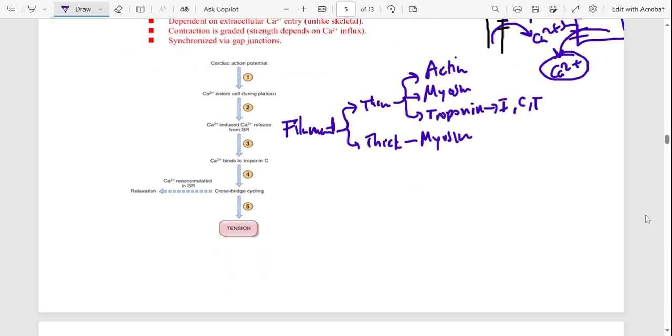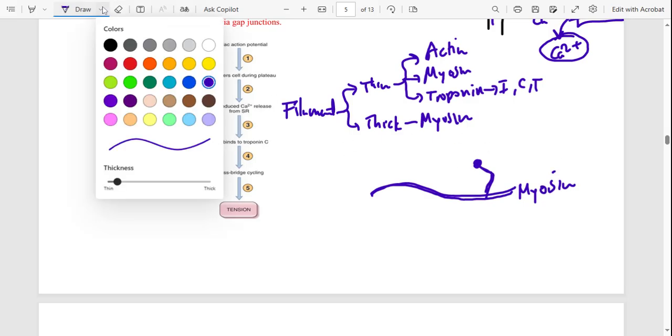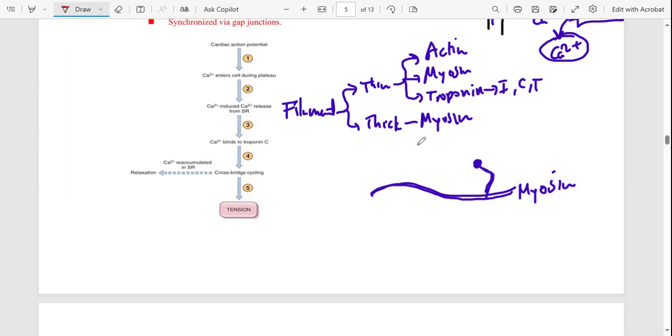Okay, so normally, this one that I've drawn here is the myosin. It has got the head. Okay, myosin head. It actually has two heads, but I'll just show one. Normally, this myosin binds to actin. So actin has got a site for the binding of the head.